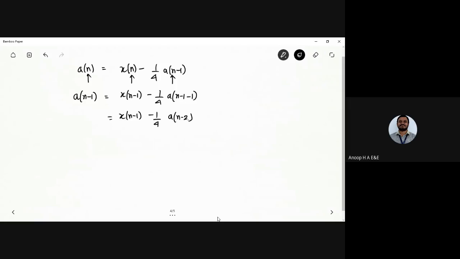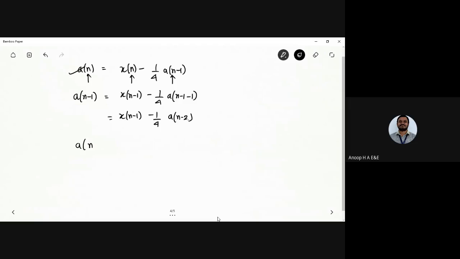Okay, so what you can do here is, you can have a of n minus 1. Now in the similar way, what you can do is, you can have a of n minus 2 being written. So in case if you want to find out a of n minus 2, you can have this again, you can replace a with this function.